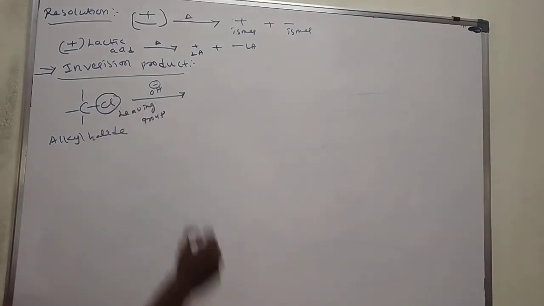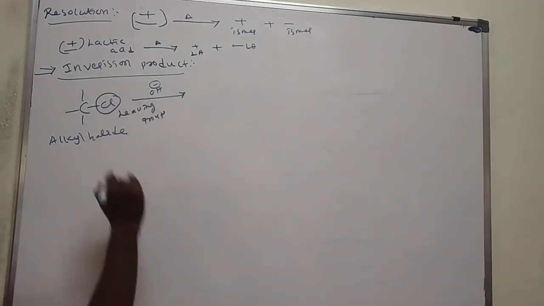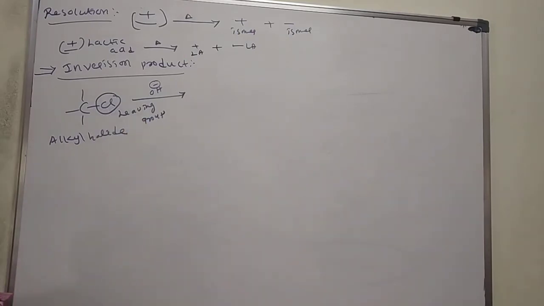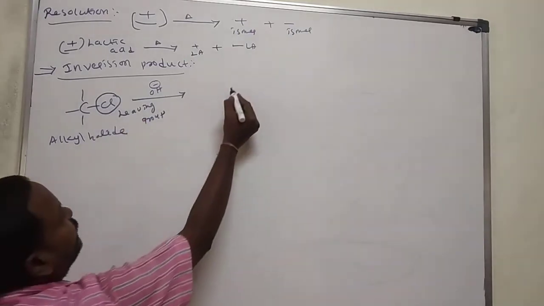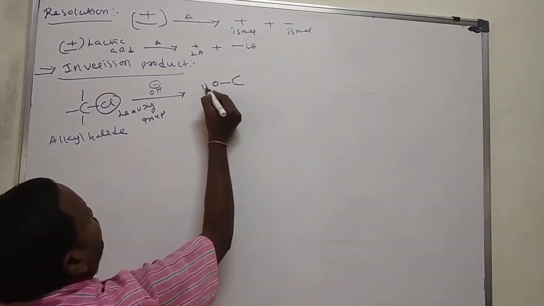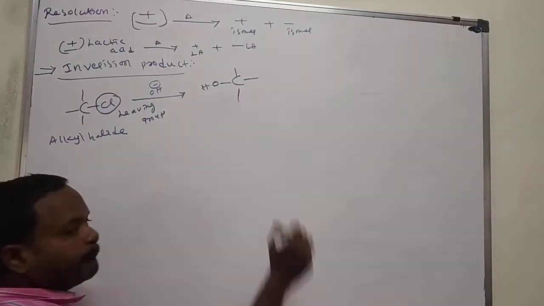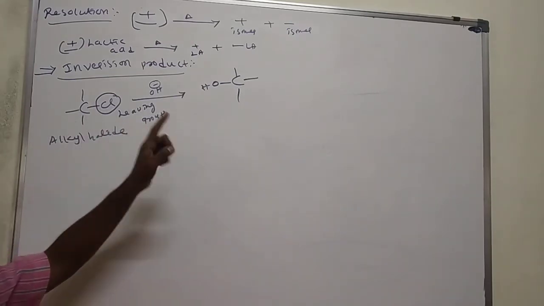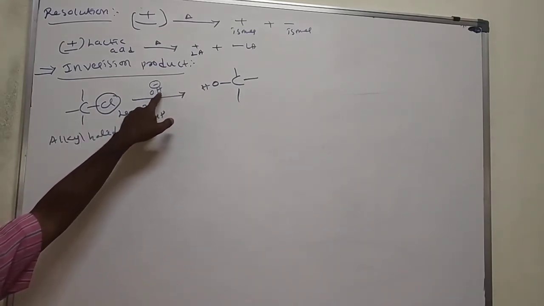When it reacts with OH minus ion, the leaving group, this chlorine, is removed from the right side of the molecule and we get the left side product. The attacking reagent means OH minus ion.